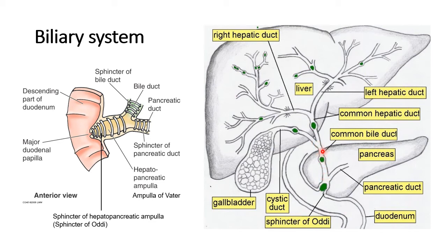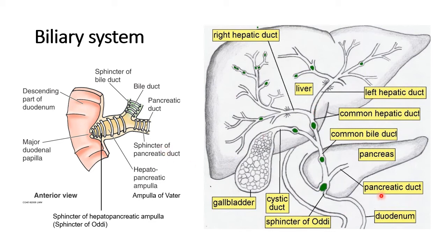The common bile duct will descend posterior to the head of the pancreas, and it will meet the main pancreatic duct, and they will form the hepatopancreatic ampulla of Vater, and this ampulla will open into the second part of the duodenum through the major duodenal papilla. So this is the biliary tree, with all its parts.